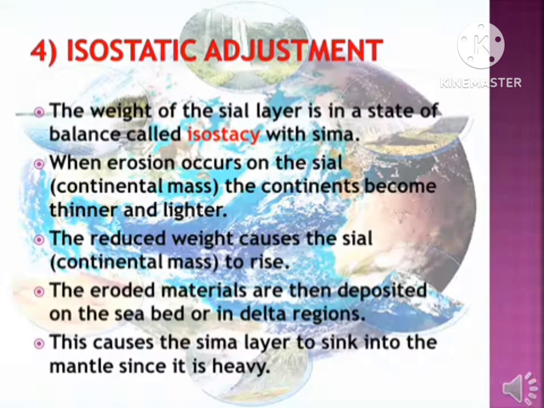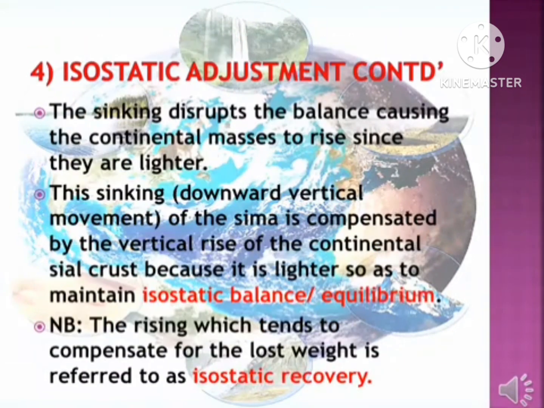Also, the materials which have been eroded from the SIAL are transported by agents of erosion and deposited on the lowland regions or on the seabeds. This, in return, results in sinking of the SIMA into the mantle since it becomes heavier.